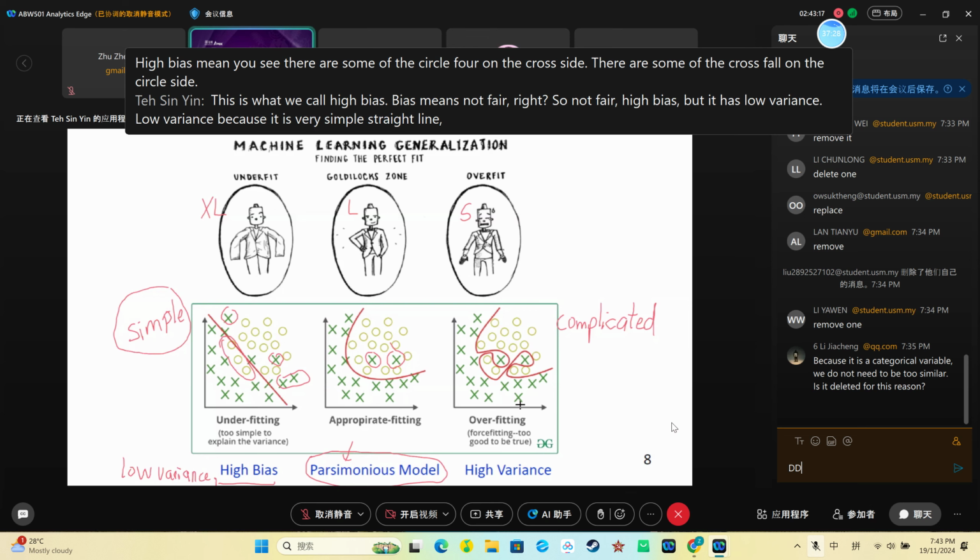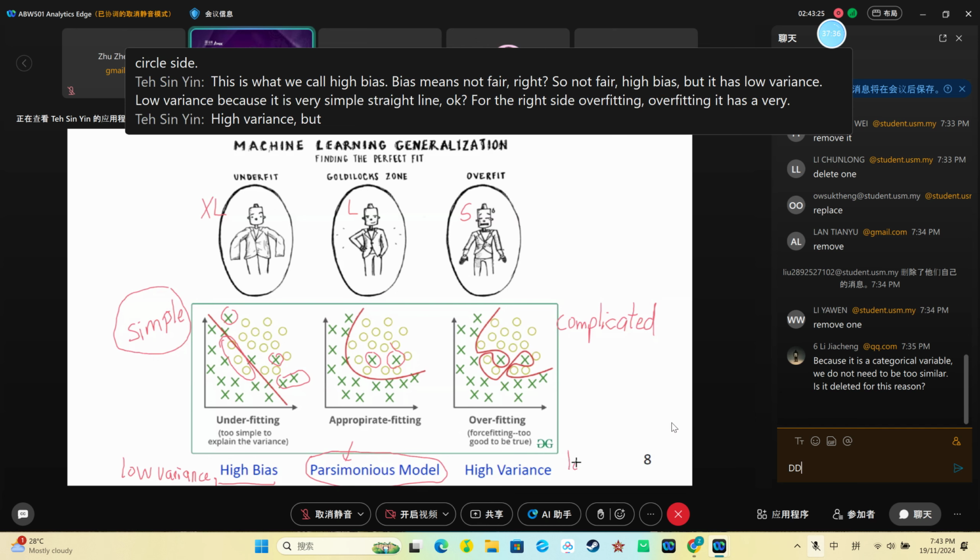Okay, for the right side, overfitting. Overfitting has a very high variance, but a very low bias. It is the opposite. You see this one has low bias for overfitting.